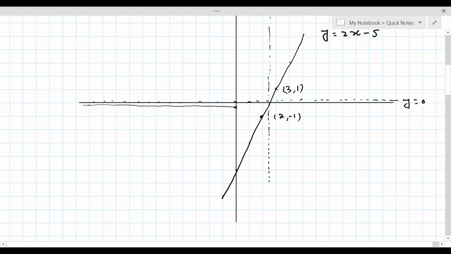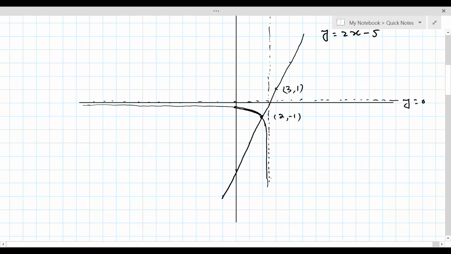So from here it will go to the invariant point, and once it crosses the invariant point, it has to go along this other asymptote, because with this asymptote it has to continue going and will not touch or cross.